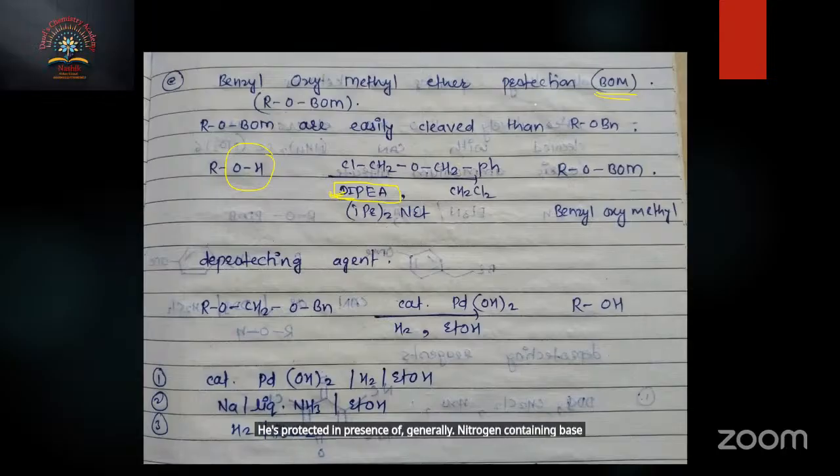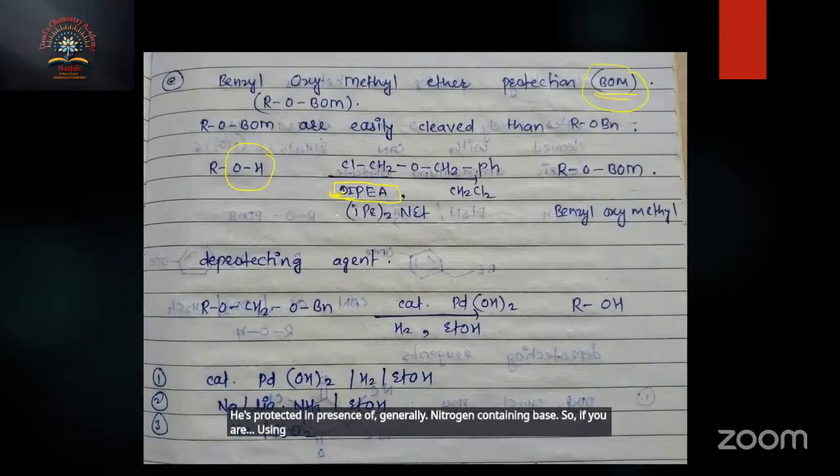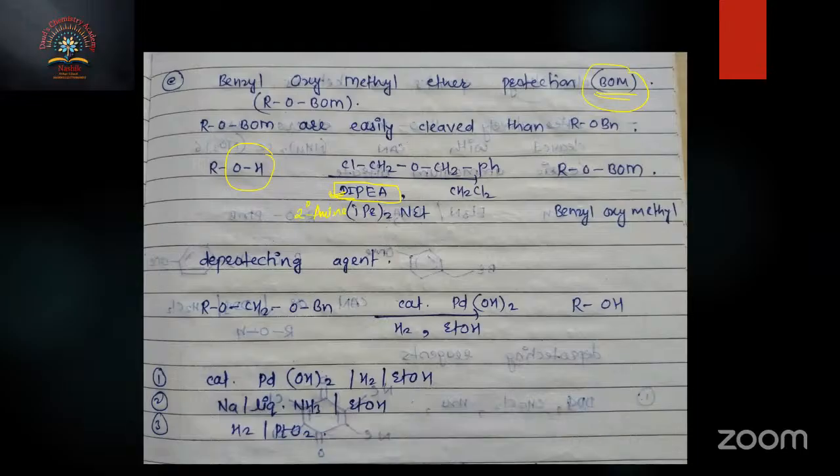So if you are using BOM protection, you have to use mainly secondary amines as a base for reaction catalysis. Okay. So definitely what will happen, this OH will react at this carbon, and it will get protected in the form of BOM. So see, here we have also a benzyl group.